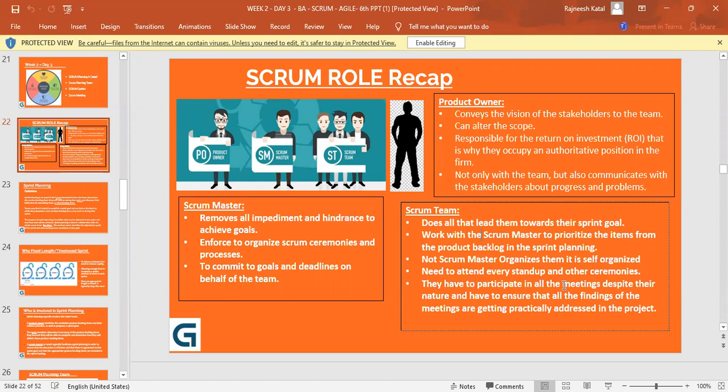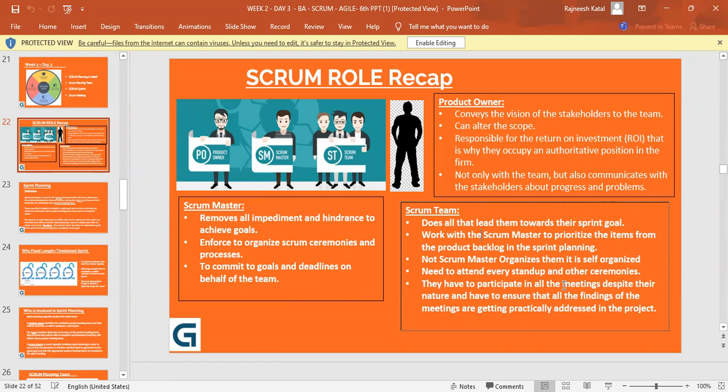Before the sprint starts, we have sprint planning. So all these are meetings or events, which they call ceremonies and events. All these things are mainly organized by the Scrum Master, and the Scrum team, as an integral part of this project or this development, has to attend each and every ceremony.